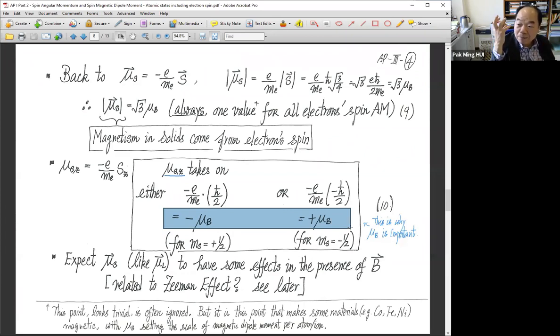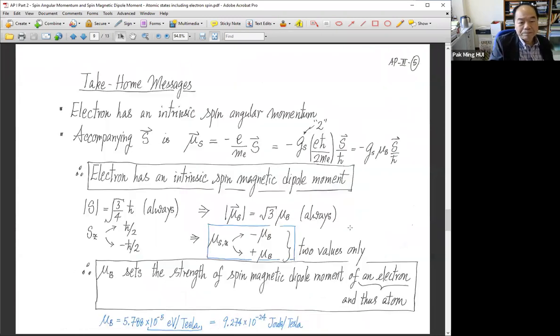It is the elementary unit of electrons' spin magnetic dipole moment. Not even with a square root 2 in front, not even with a square root 3 in front. It's just plus minus mu_B. That's the projection in any direction. Okay? So this is the take-home message.